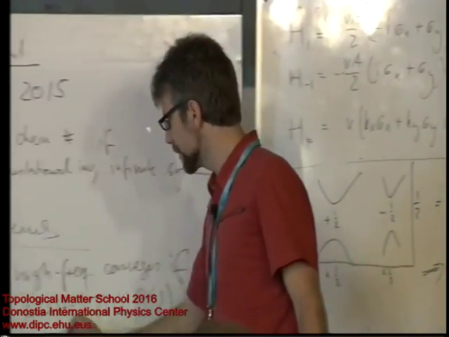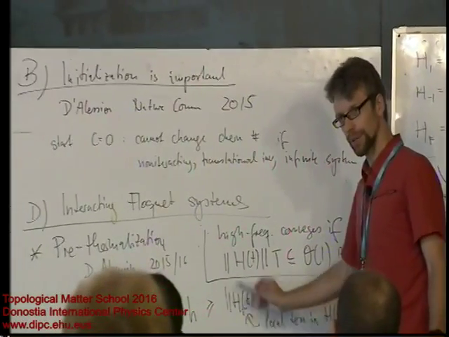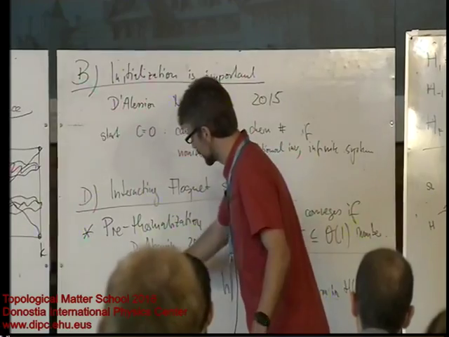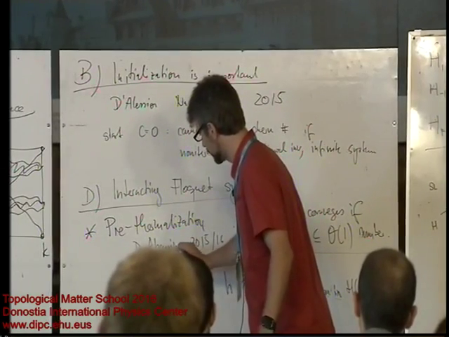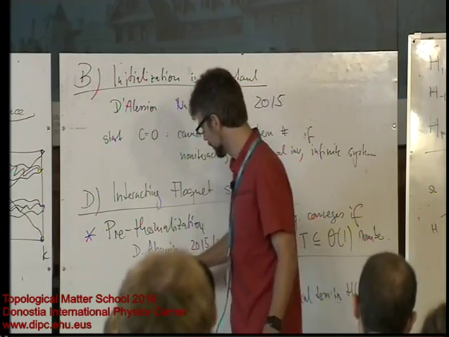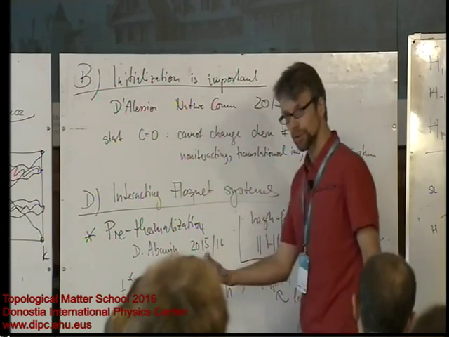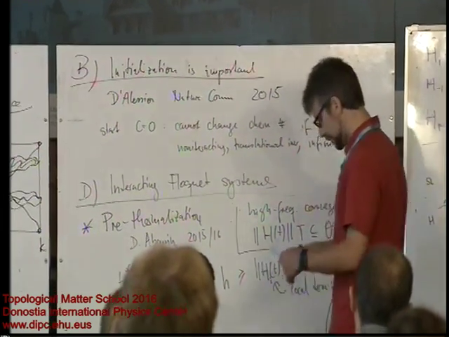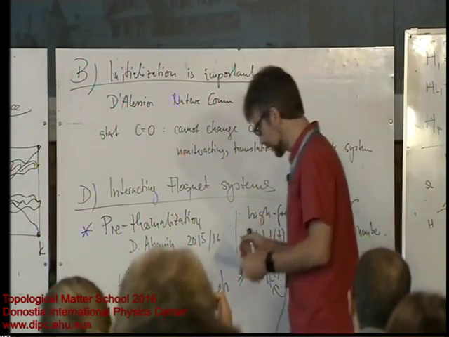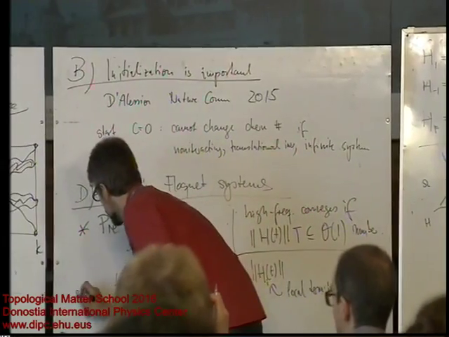So this is a reasonable quantity even in a many-body system. And then we have a time scale which is exponentially long in the frequency over just this local term measure of the system.